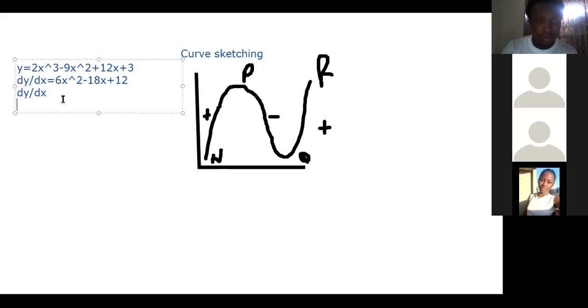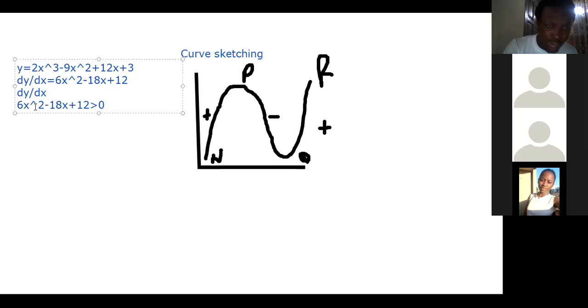This is an inequality: 6x squared minus 18x plus 12 greater than 0.